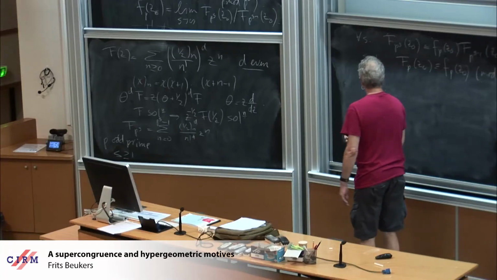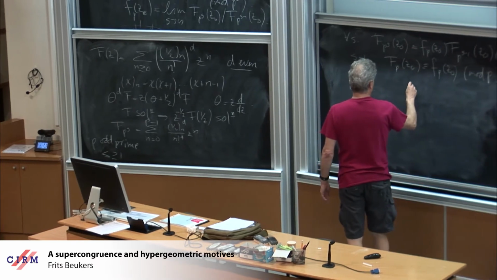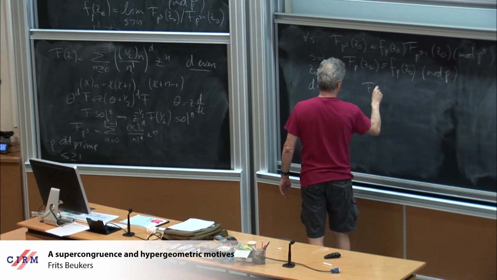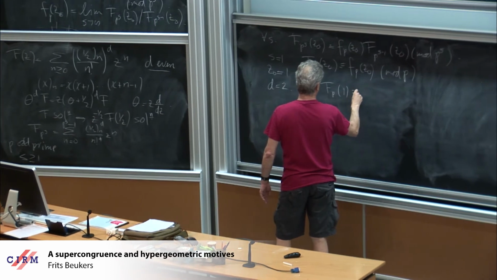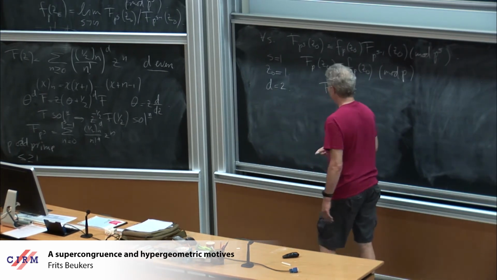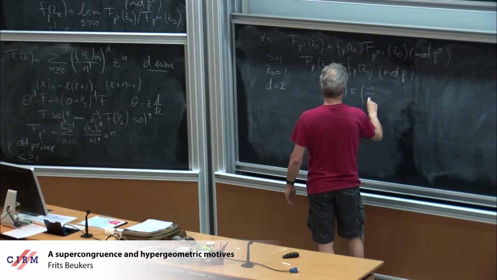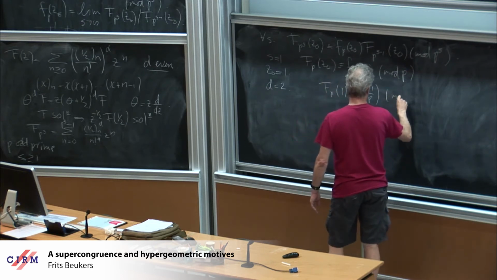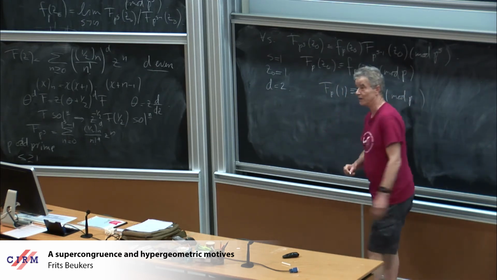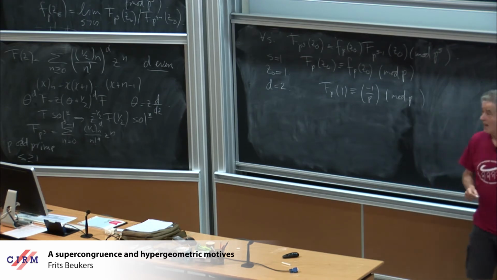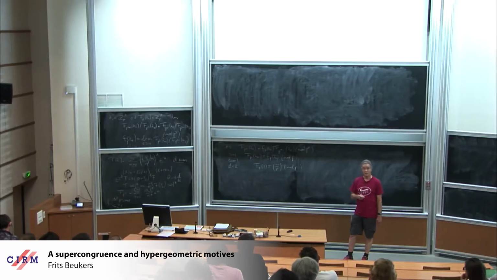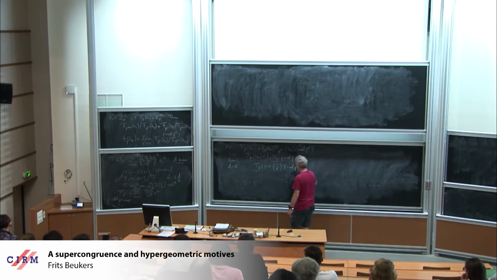And in the case when d is 2, we find that fp of 1, well, in the specific case, we know what this number is. It's simply this Legendre symbol, and we get this congruence. And now well, this is of course all rather standard, but the great surprise is now that essentially, not only does this congruence hold modulo p, it holds modulo p squared.